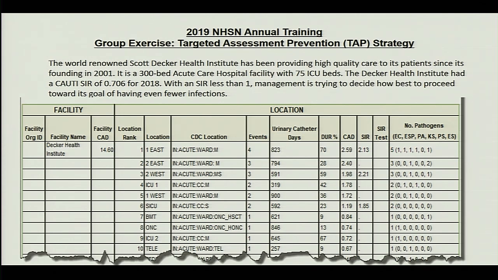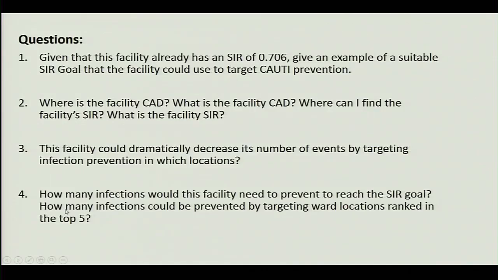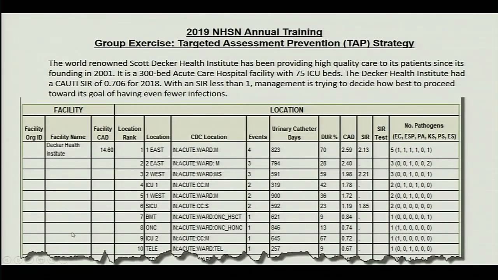And if we were looking at our top 5, in 1 East, the CAD is 2.59, so we would round that to 3. 2 East is 2.4. We would also round that to 3. So if you're keeping total, we're at 6 infections now. 2 West is 2. Very good. And then our other ward location in the top 5 would be 1 West.